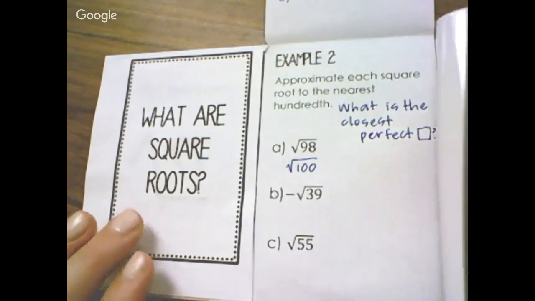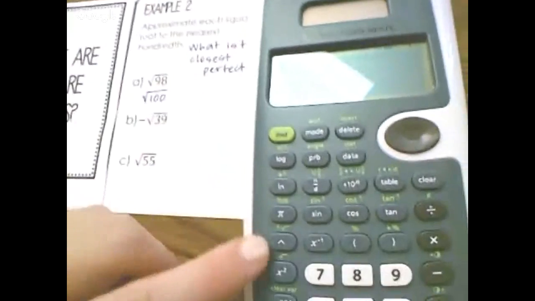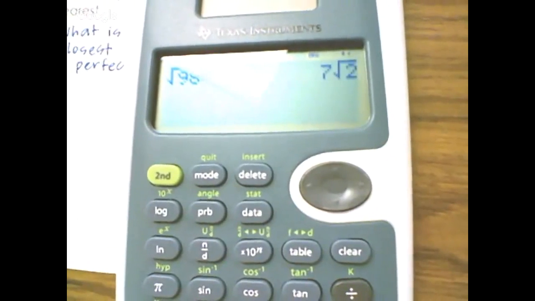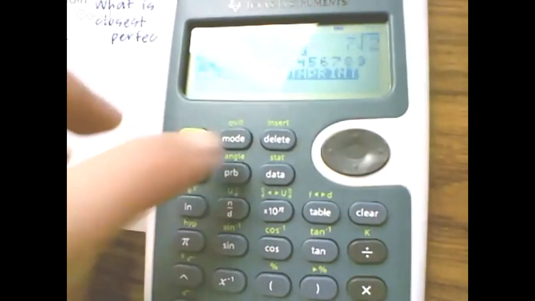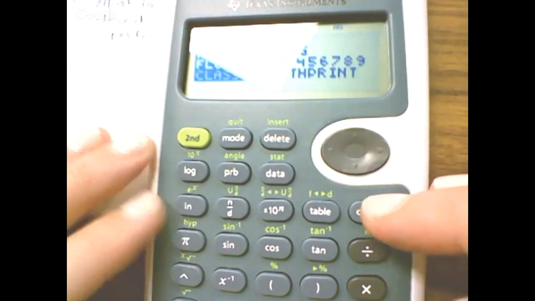If I plug that into my calculator, I just hit second square root. I have my square root of 98 equals. So my calculator actually simplifies it. So if yours does that, we're going to go back to classic.